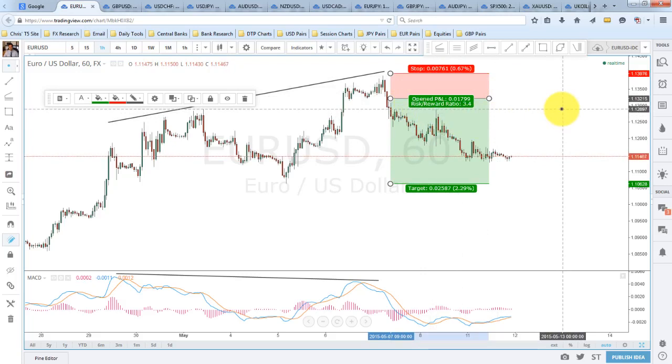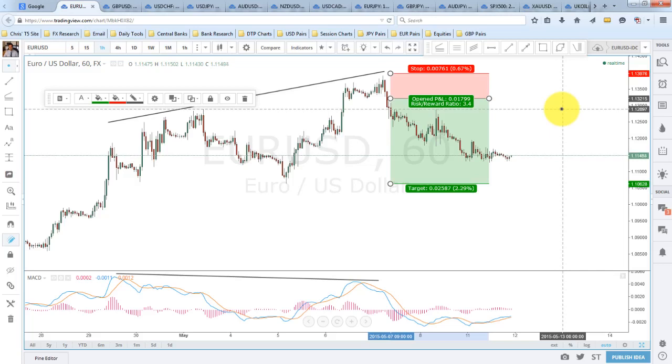This is all about consistency. If you're getting reward to risk ratios like this and you're taking high quality setups, you could win 30% of your trades and still make money. So imagine what you could do at 50 or 60%. That's how you have to approach things. That's how you have to understand this business.